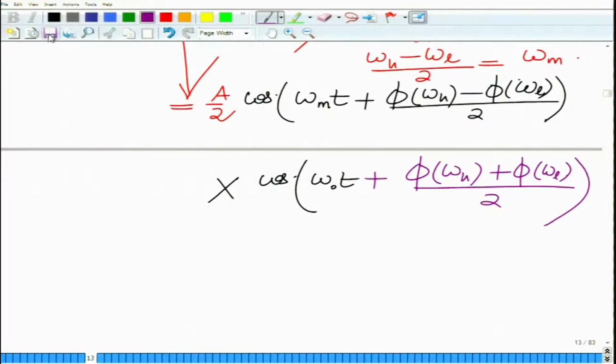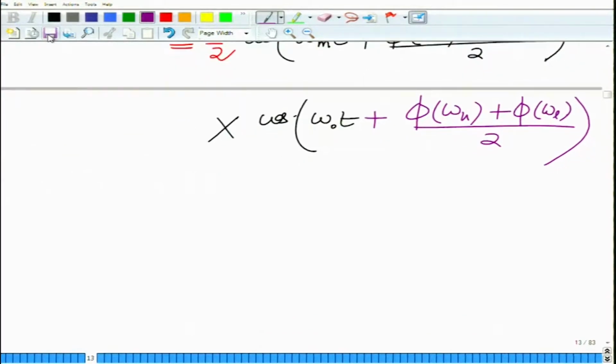Now, since omega_m is small, we are considering a small neighborhood around the carrier frequency omega_0. So, we can use Taylor series expansion to simplify this phase function phi, because the message frequency omega_m is much smaller than the carrier frequency omega_0.